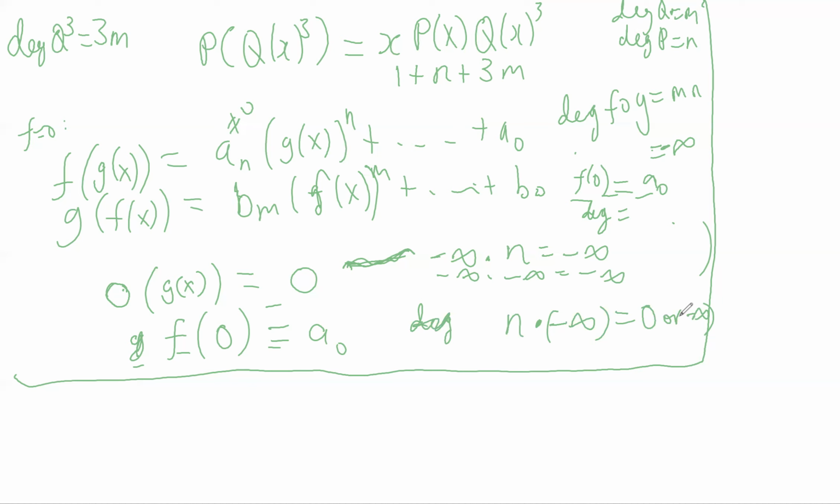So if f was a constant polynomial, then you'd get 0 times negative infinity is equal to 0. Some higher degree, then it's n times negative infinity is equal to possibly negative infinity.